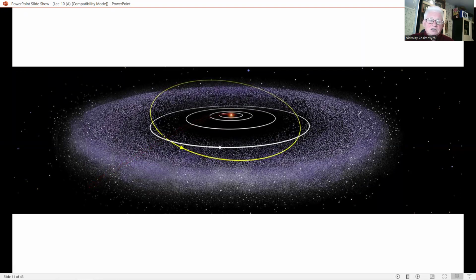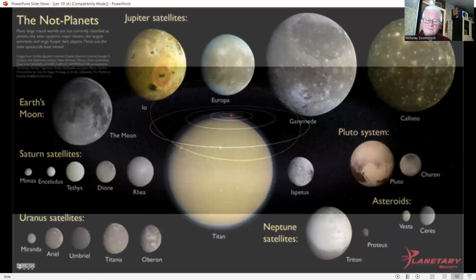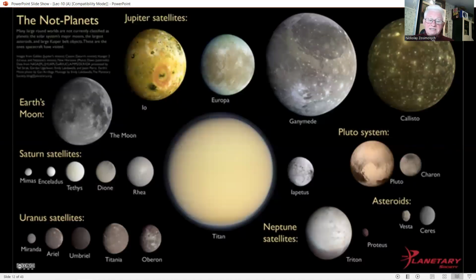The gravitational influence of the planets deflects some Kuiper belt objects into the inner solar system, where they also are seen as comets.